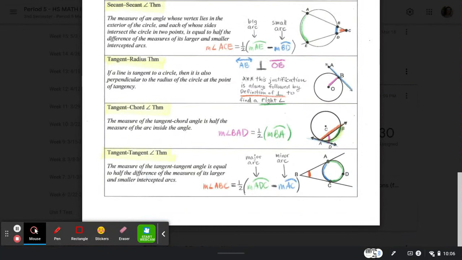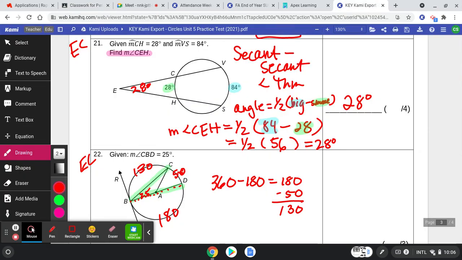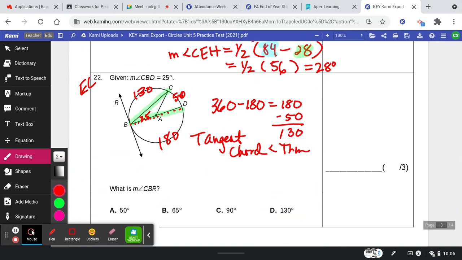It's half of the intercepted arc, that missing 130. So I'm going to go write tangent chord angle theorem. And I know it's like an inscribed angle.